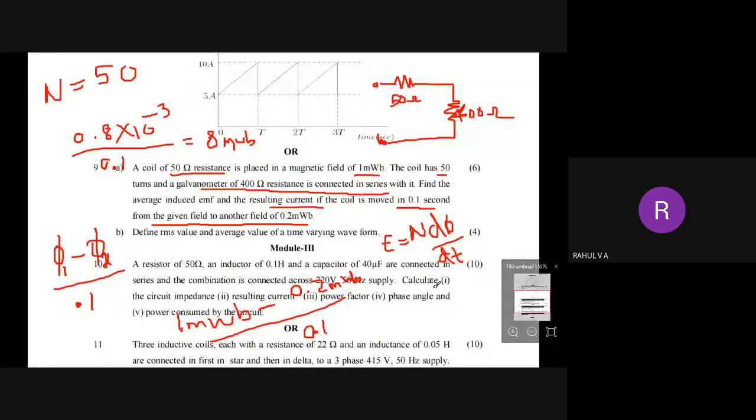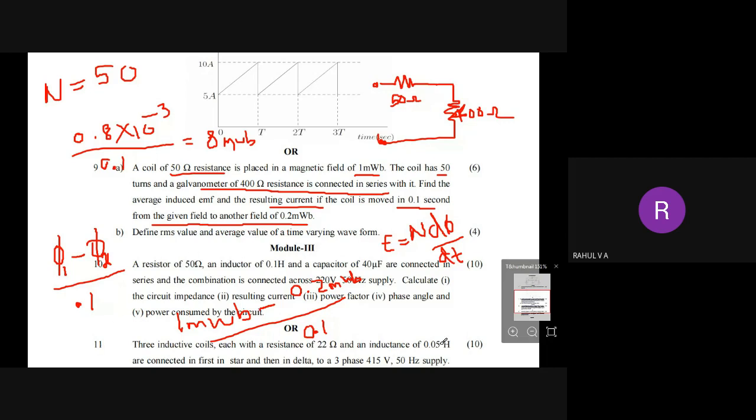So what is the rate of change of flux linkage? 1 milliweber minus 0.2 milliweber divided by 0.1. The difference between 1 milliweber and 0.2 milliweber is 0.8 milliweber, divided by time 0.1. So 0.8 divided by 0.1 is 8 milliweber. Now d phi by dt is 8 milliweber.